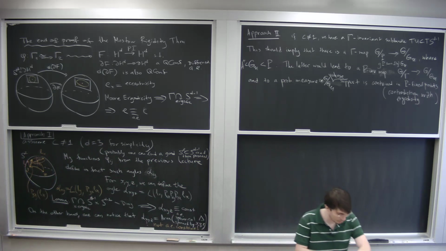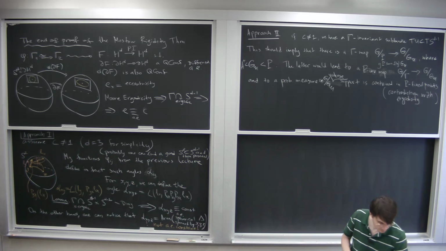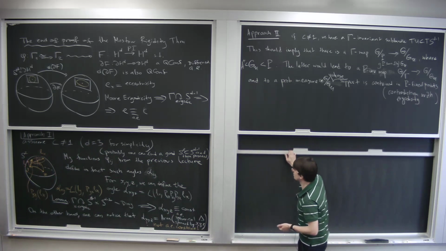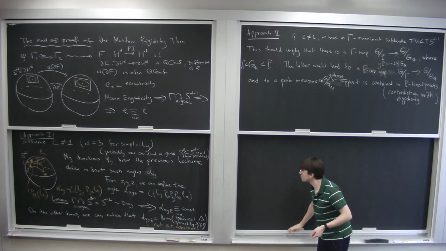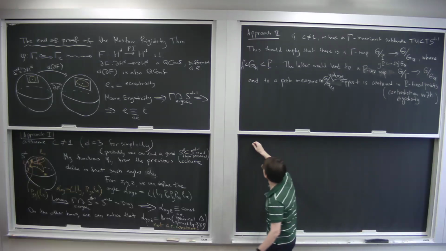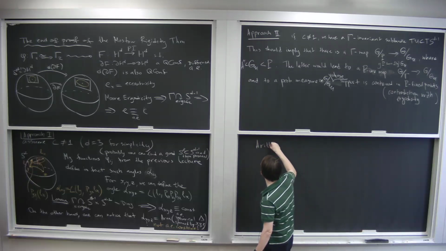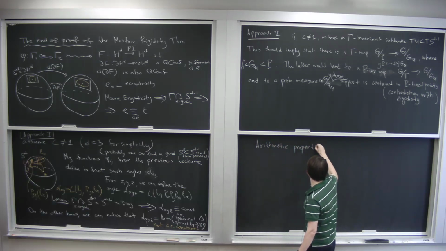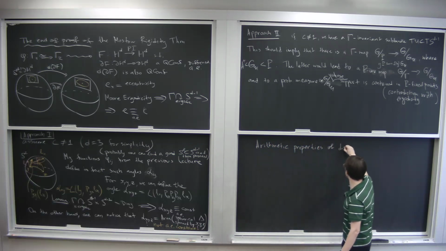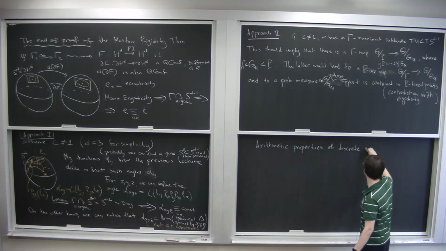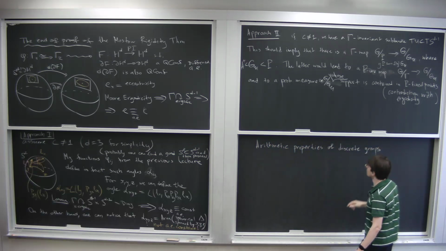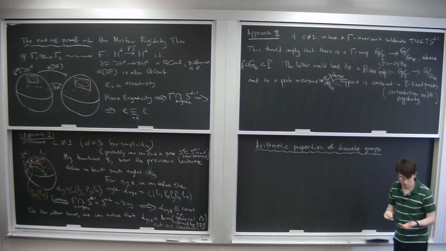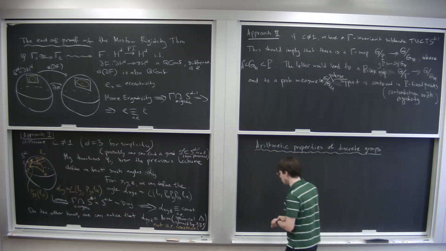Okay, I'm really running out of time, so let me start arithmeticity, since this is also a pretty nice topic. It is also sometimes technically complicated, but now: arithmetic properties of discrete groups. We already discussed a couple of things related to arithmeticity.